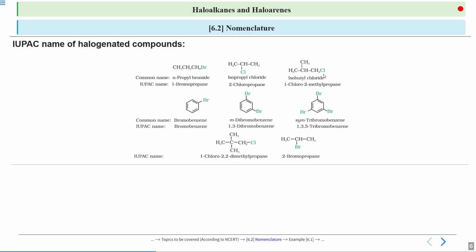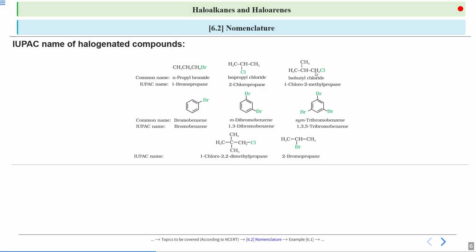Similarly, in the third structure, we have CH3, CH, CH3, CH2Cl. Okay, so the common name of this is isobutyl chloride. So in this structure, the substitution is happening at the second position, right?